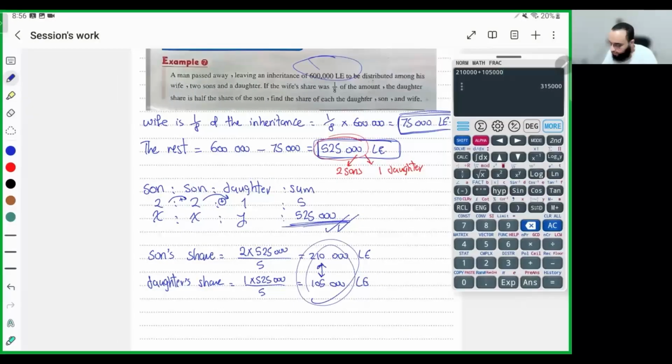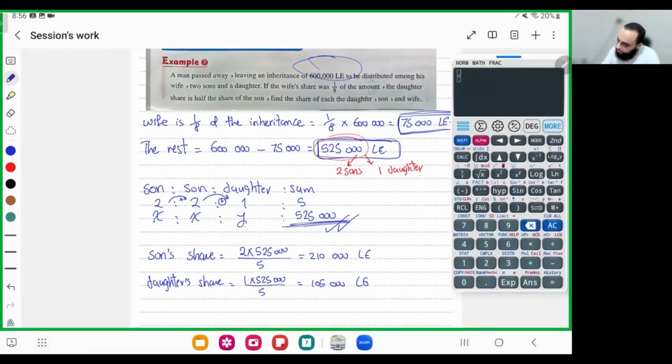Let's revise. It's 525, not 252. It's 525,000 over 5. It's 210,000. Okay, this is correct.